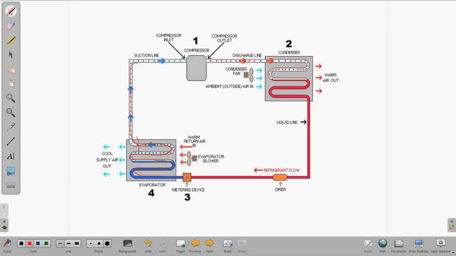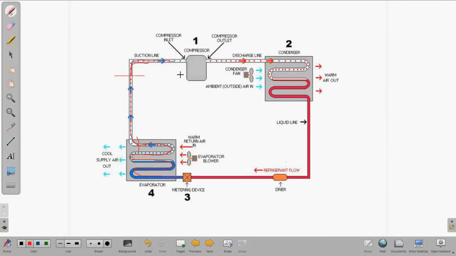So there's not a lot of heat transferred to the refrigerant in the form of sensible heat until it gets a little bit further down this suction line, and we have very low superheat.